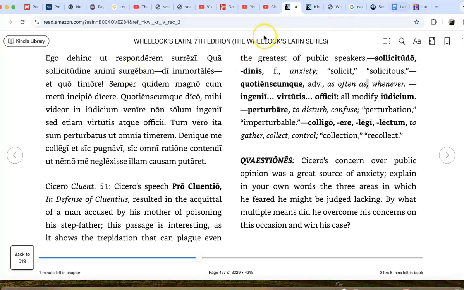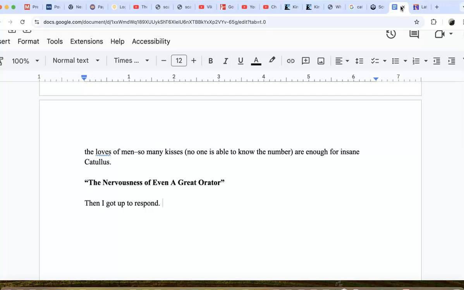Namely, it would probably be like a 400 level class online. So we're going to go ahead and just write that down. So "by" or "with anxiety." I think we said it might be better with anxiety. "I was rising," or "I was getting up."